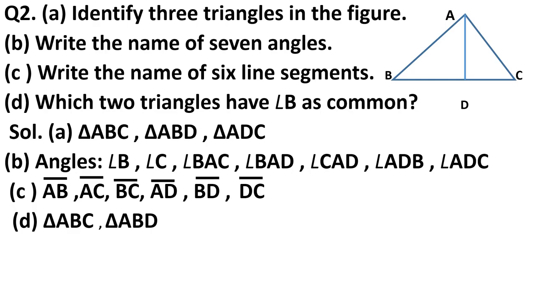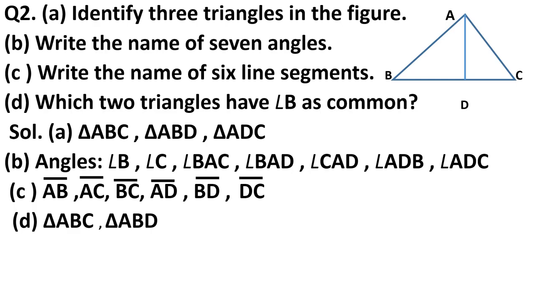Okay. Now second part, B part is write the name of 7 angles. Be careful. Angle B, angle C, angle BAC. This is the complete angle A, BAC. Now angle A is divided into 2 angles. So write down those also.